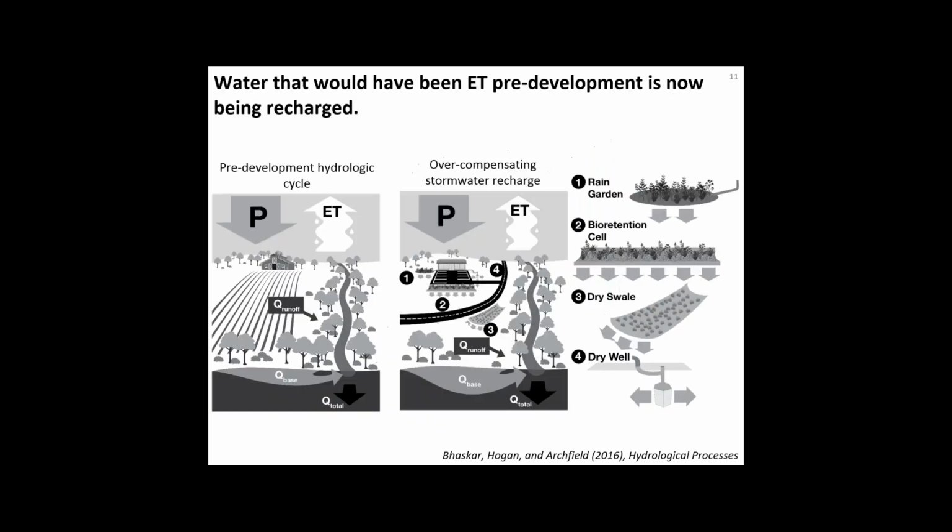So to link these dots together, we're seeing here an idea about a water balance on the left for the pre-development hydrologic cycle, where in this area we would expect that most precipitation is leaving the watershed as evapotranspiration, and then there's contributions from runoff and base flow, summing up for total flow.